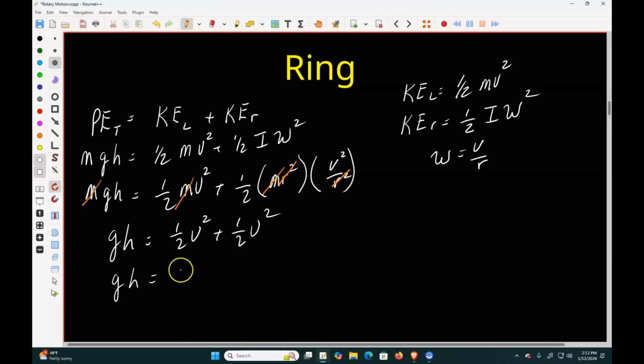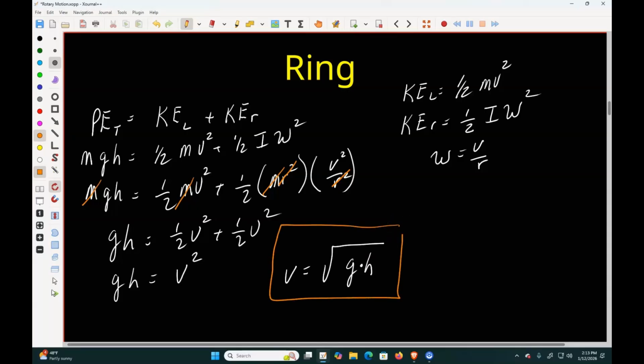So gh equals v squared. So v is going to equal the square root of gravity times the height. So this is the velocity for a ring rolling down an inclined plane.